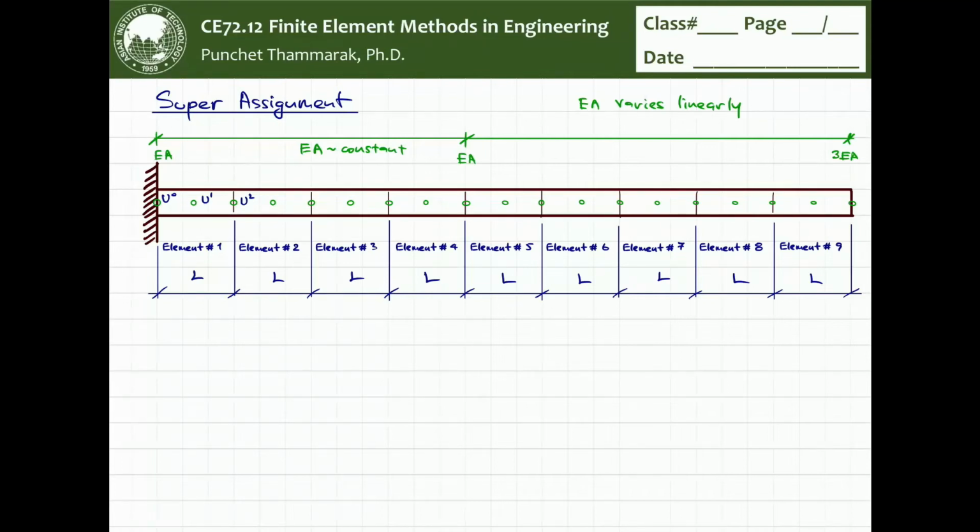So you can write the function of EA, right. It is a function of x. Well, later on you can convert from x to c. It's not a big deal. So make that function for your own.